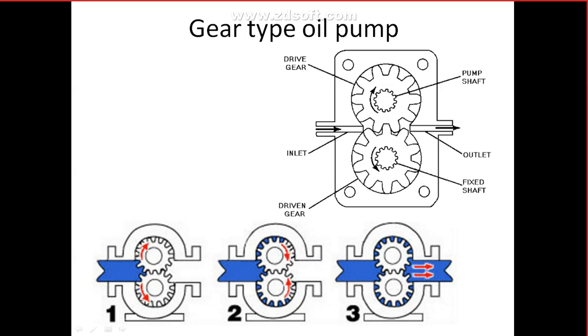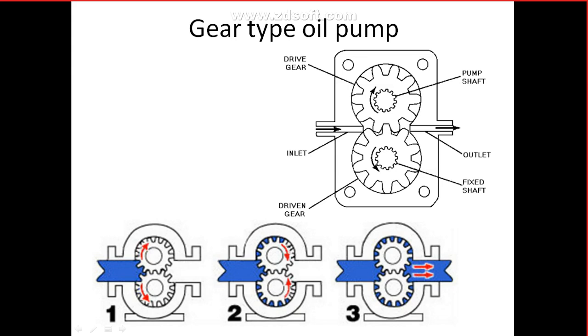So this gear pump is a very popular pump we find in most of the engines. Okay, from outside it seems to be some box like structure, but inside there are two gears. The two gears are housed with very tight fitting. One side there is an inlet, other side an outlet.